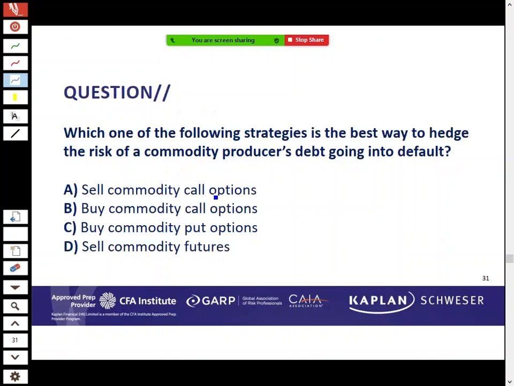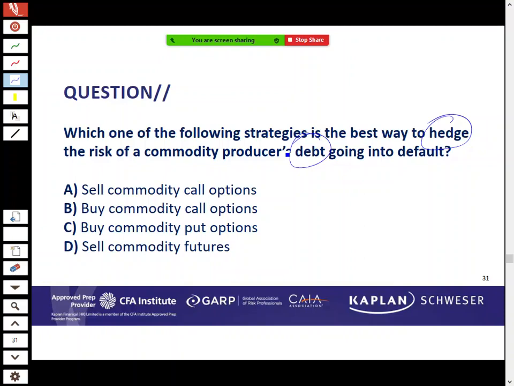Lastly, we also discuss questions during the class. For example, this one: which one of the following strategies is the best way to hedge the risk of the commodity producer's debt going into default? While you hold the commodity producer's debt, you earn very good coupon interest, but you are afraid that some commodity producers might have business difficulties, and as a result they might go into default.